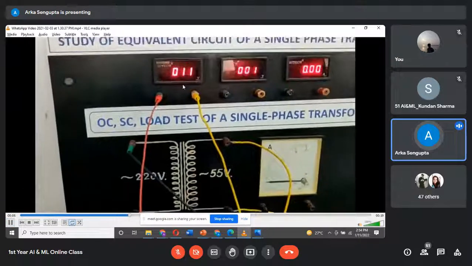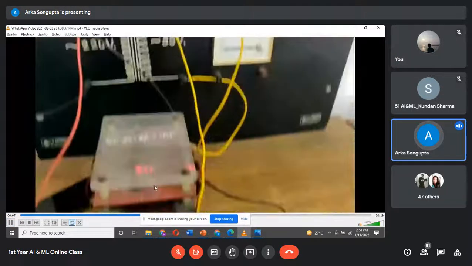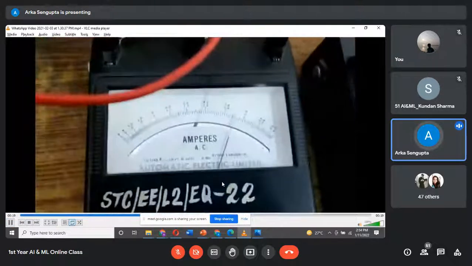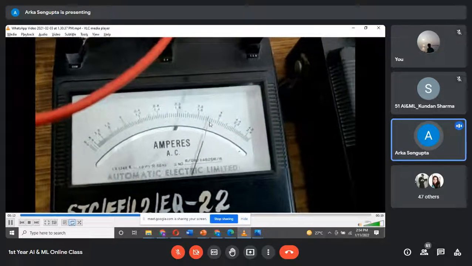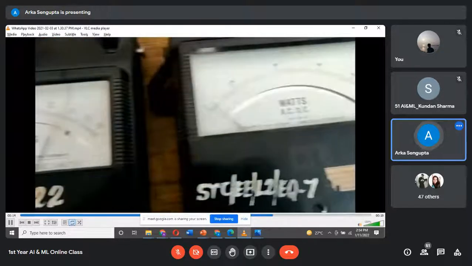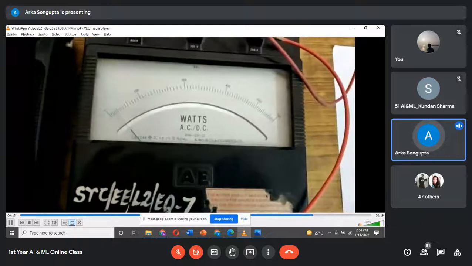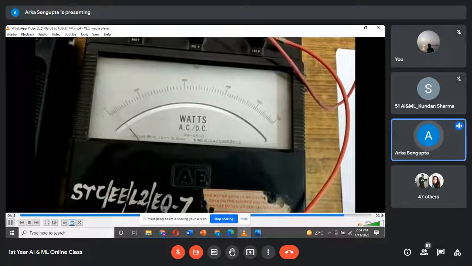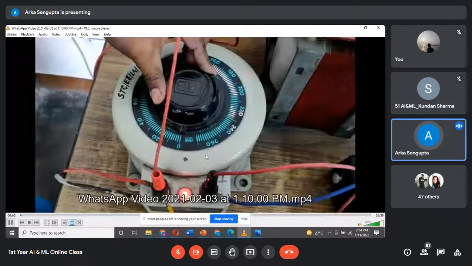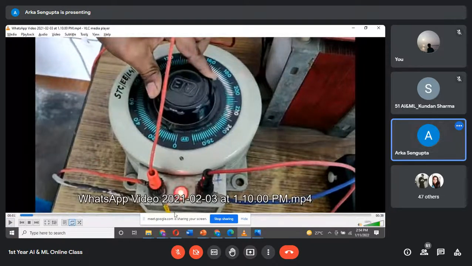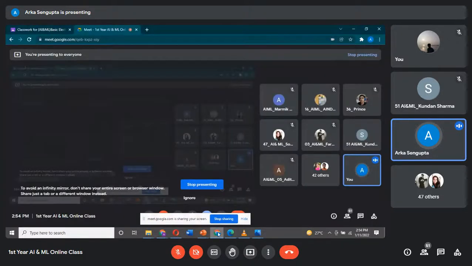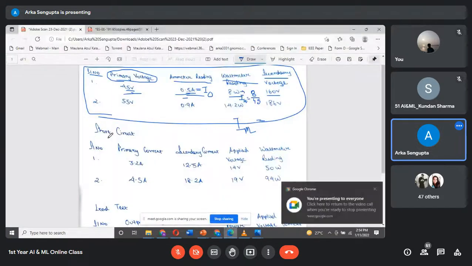Now we are rotating and we are getting a voltage of 11 volt, and accordingly we are getting an ammeter reading. You can see the ammeter is showing a high value. Why? Because the secondary is shorted, so a high current will be flowing, and this is the wattmeter that is being shown over here. Now the readings which you will be getting accordingly are these readings for the short circuit test.